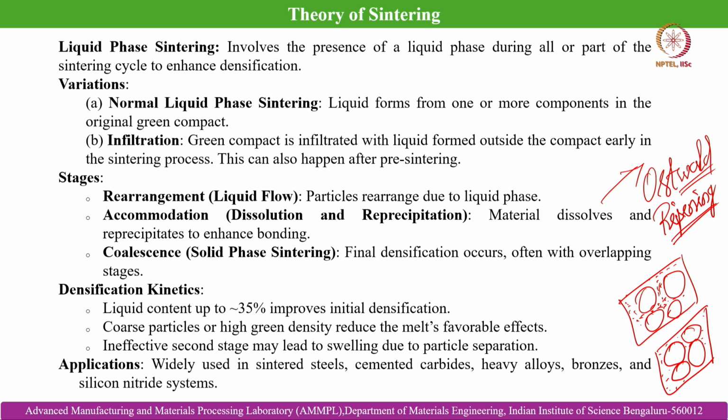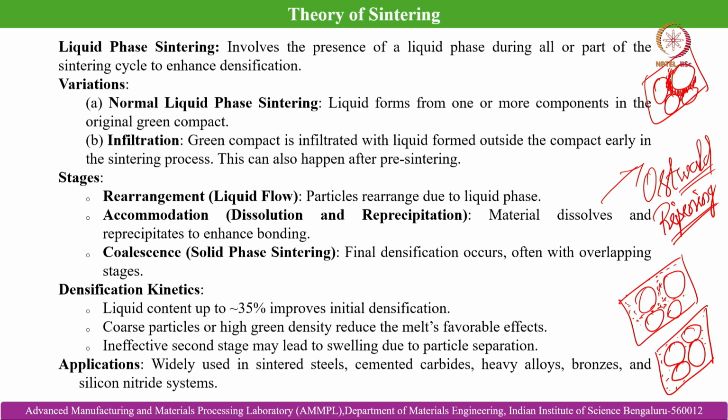So, the variations are normal liquid phase sintering, where liquid forms from one or more components in the original green compact, and infiltration. So, in this case of normal liquid phase sintering, it is the liquid that is getting generated from the additives itself. That means, the additives that we are adding during compacting the powder aggregate. So, this additive itself gets transformed into liquid during the sintering process, and then we get the liquid phase.